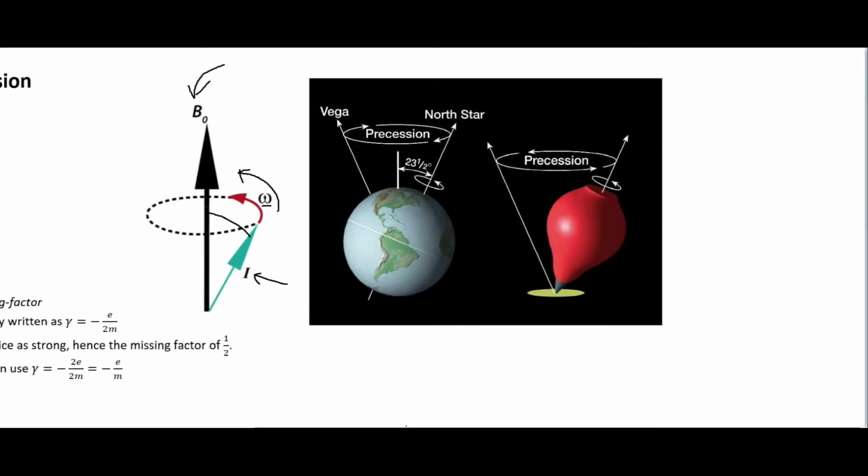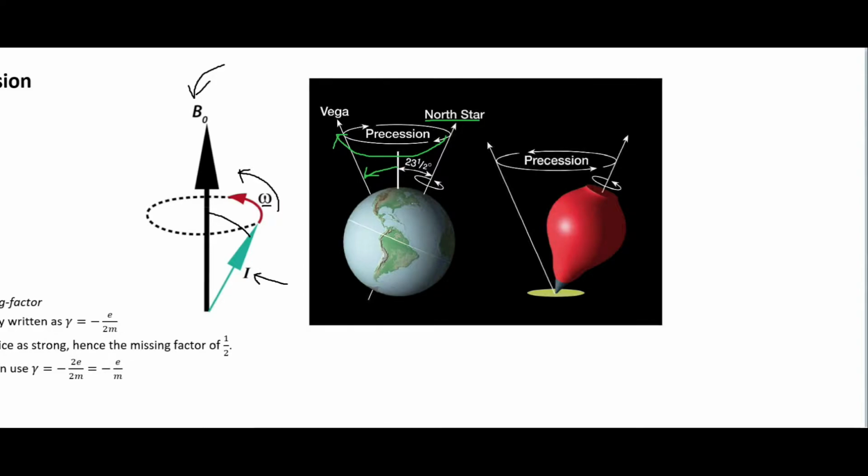Just to get a little bit more intuition of what a precession is, we can look at a globe of the world here. We see that the North Pole is pointing at the North Star up here. But this does precess, so you see that it can go over here so that it's actually pointing 23.5 degrees from straight up and down with respect to our solar system.